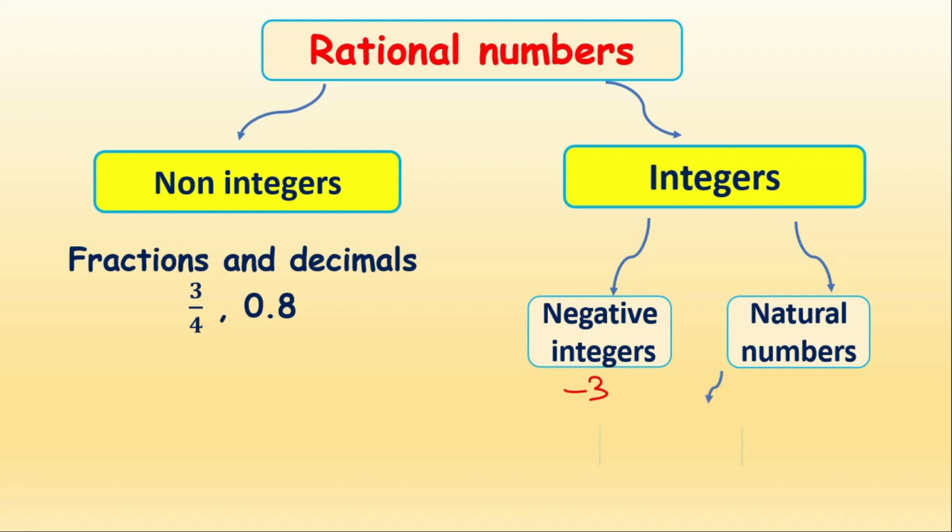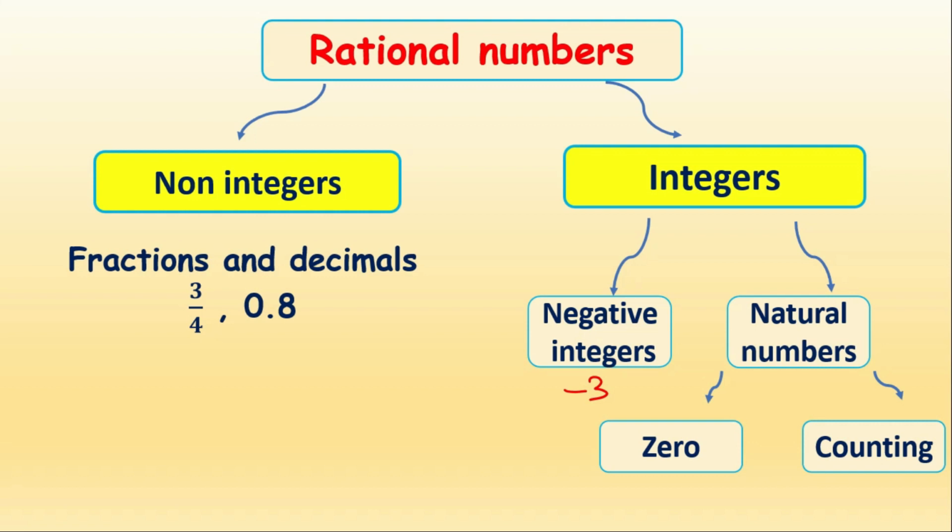And natural numbers like 0 and counting numbers. You know that natural numbers are classified into 0 and counting numbers. So in summary, rational numbers are a fraction or decimal, a negative number, or 0, or a counting number like 1, 2, 3, 4 and so on.